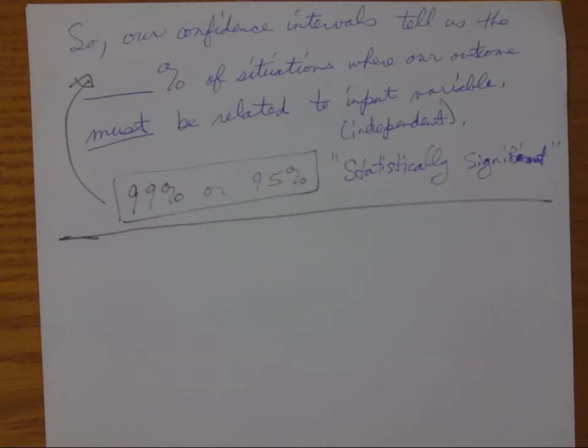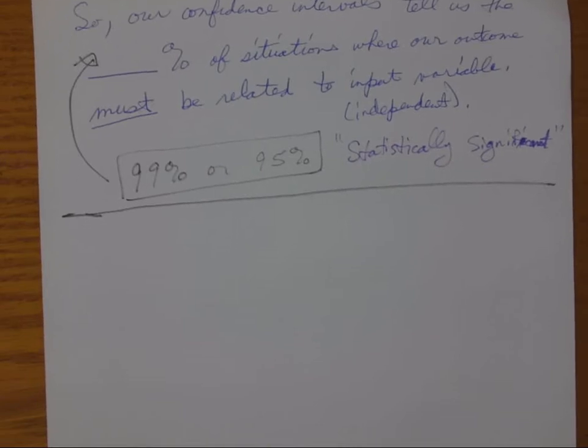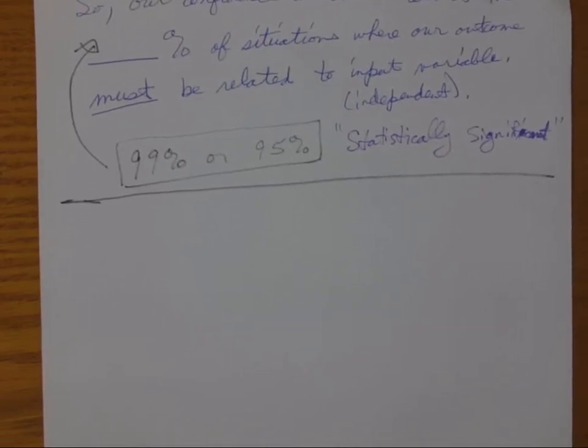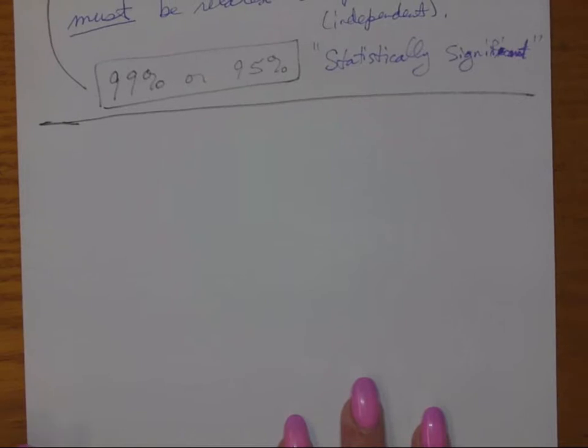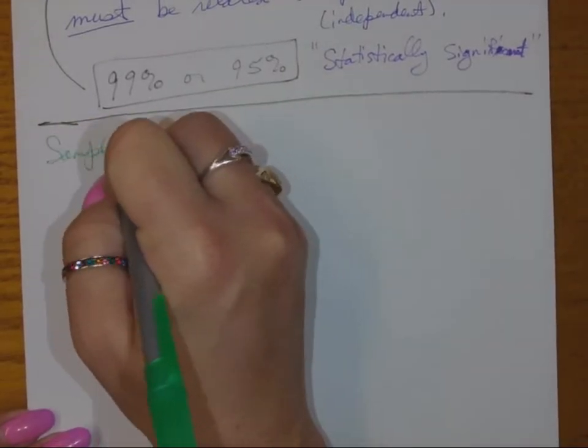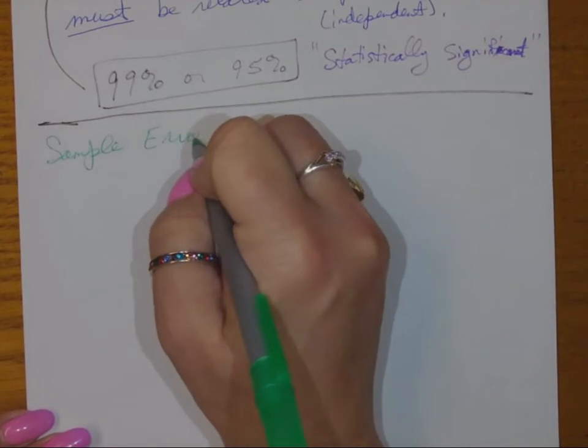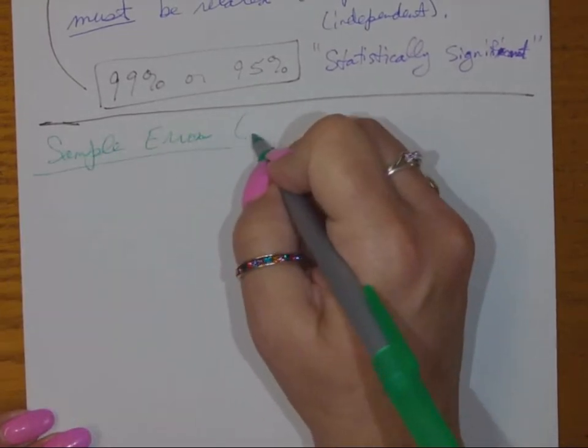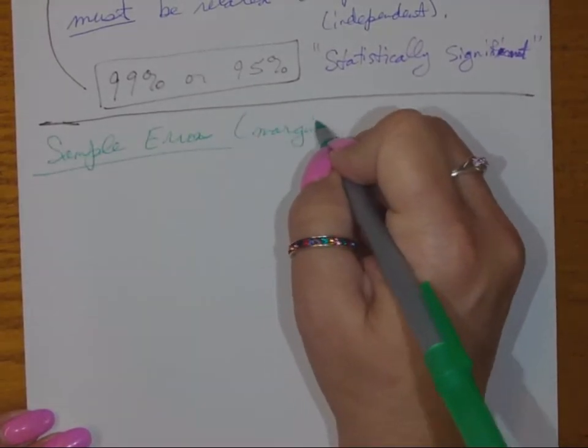What we're going to do, though, is make sure that we can actually work with these, and we're going to talk a little bit about the sample error. So there's a formula, and I'm just going to give you the formula. The sample error, also sometimes known as the margin of error.